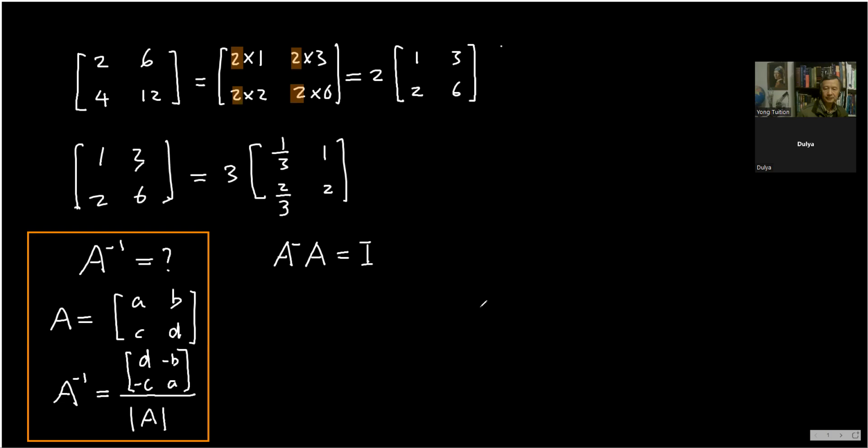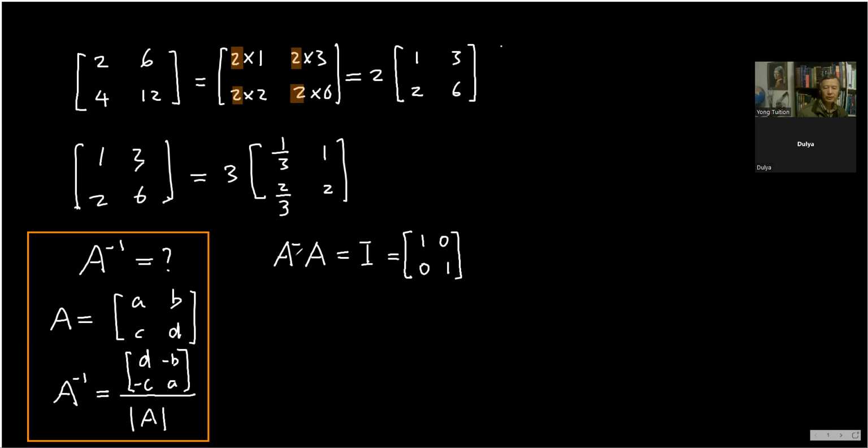For 2 by 2, this identity matrix can be written as 1, 0, 0, 1.